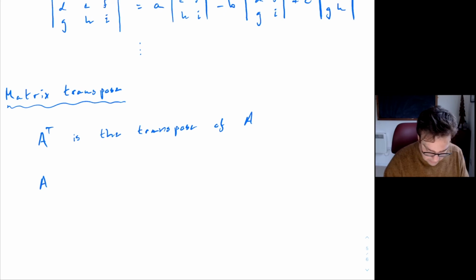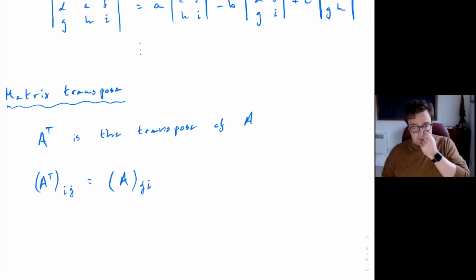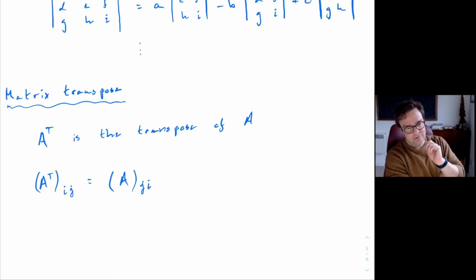The transpose of the matrix A, row i, column j of it, is equal to row j, column i of the matrix A. In other words, the rows and the columns switch places for a transpose.